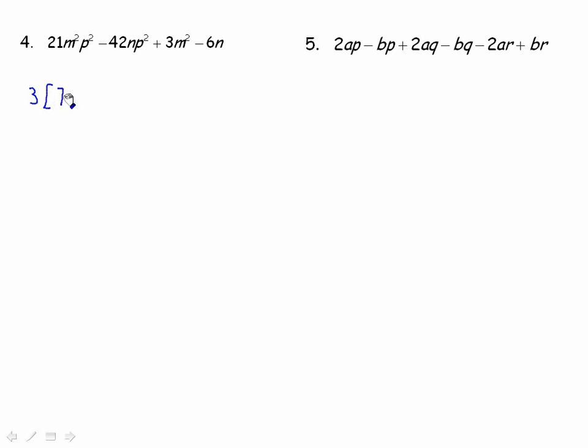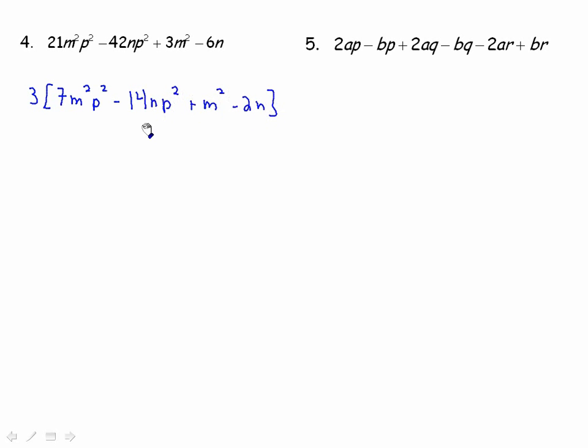It will give us 3(7m²p² − 14np² + m² − 2n).